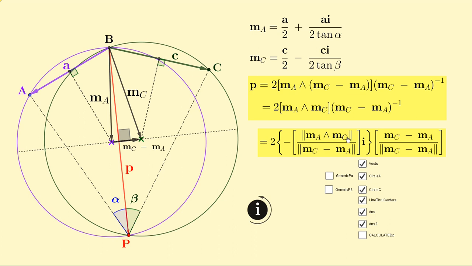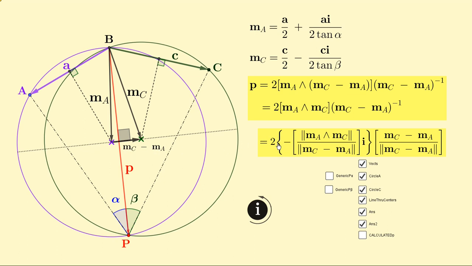And what we now have here is a scalar multiple of the unit bivector I. But when we multiply a scalar multiple of the unit bivector times a vector within that same plane, what we get is a scalar multiple of the 90-degree rotation of this vector. So our answer now is that P is expressed as 2 times a scalar multiple of the 90-degree rotation of the unit vector of MC minus MA.